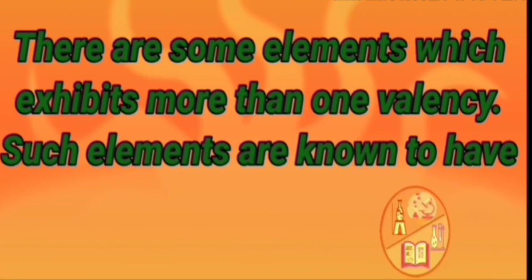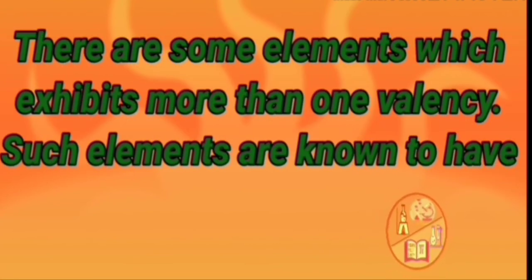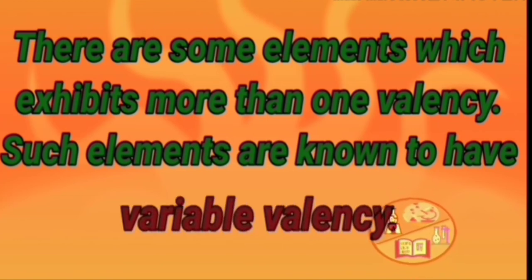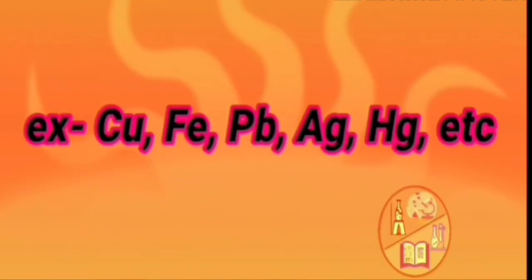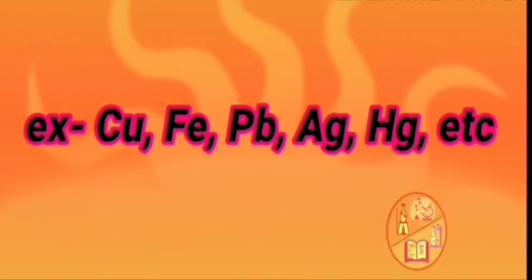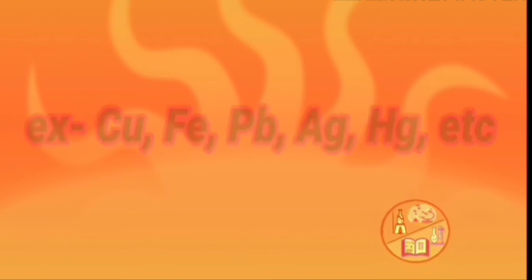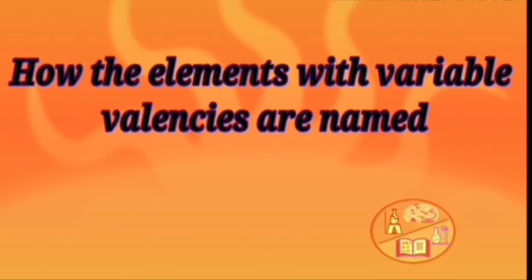There are some elements which exhibit more than one valency. Such elements are known to have variable valency. For example, copper, iron, lead, silver and mercury all have variable valencies.